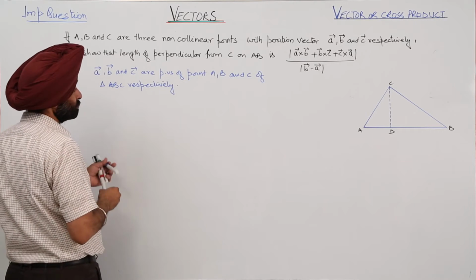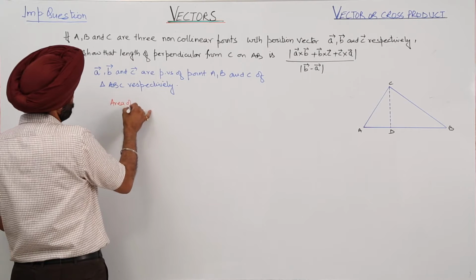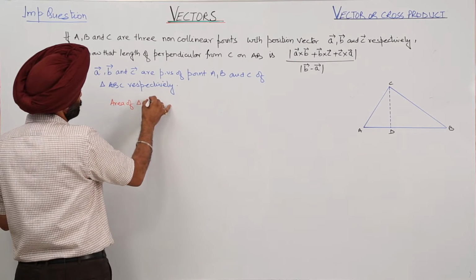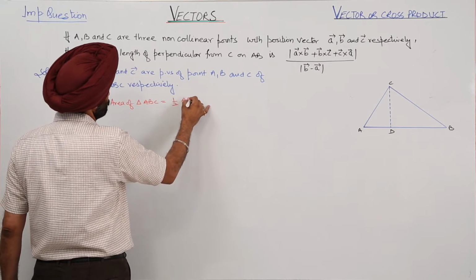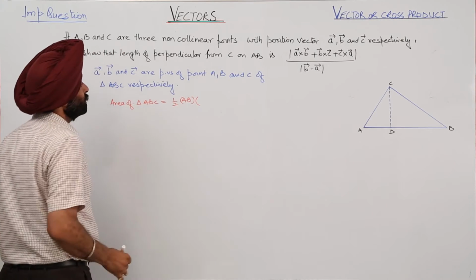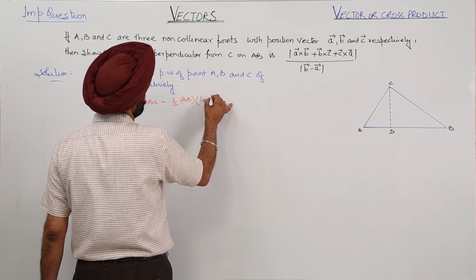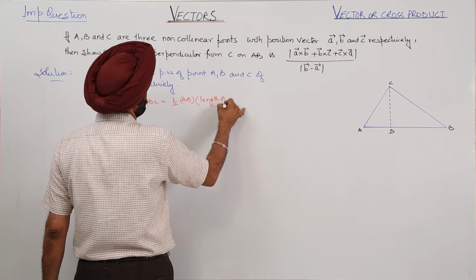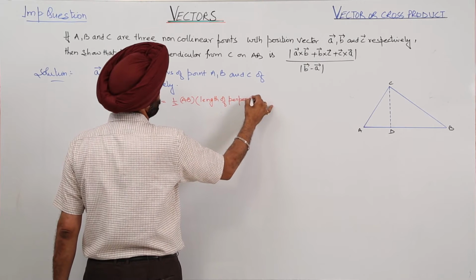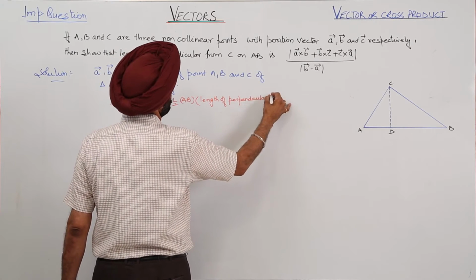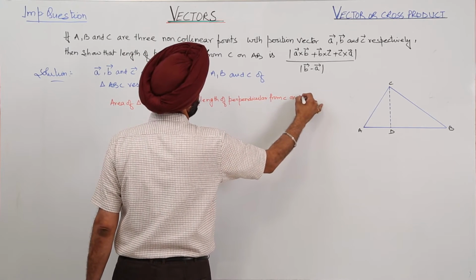Now, area of triangle ABC is equal to half times AB with the length of perpendicular from C on AB.